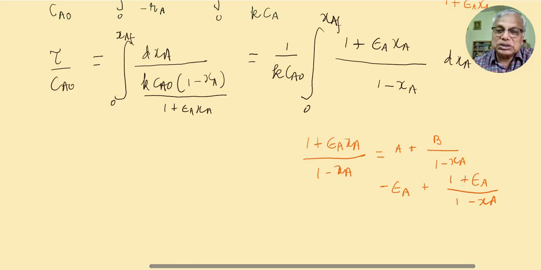So I will substitute this here. For this, 1 plus epsilon A by 1 minus XA, I will substitute this, right?